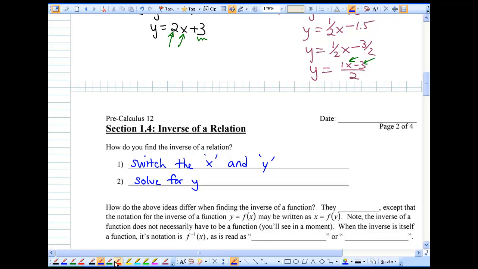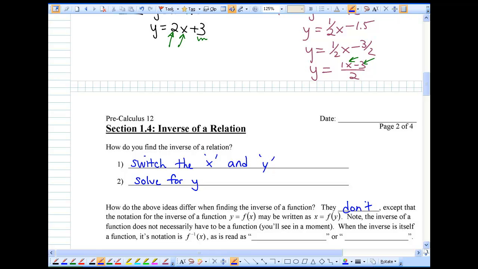Now, how do these ideas differ? Well, they don't. Except, of course, that notation for the inverse function may be written as this. You see I switched x and y. x equals f of y.